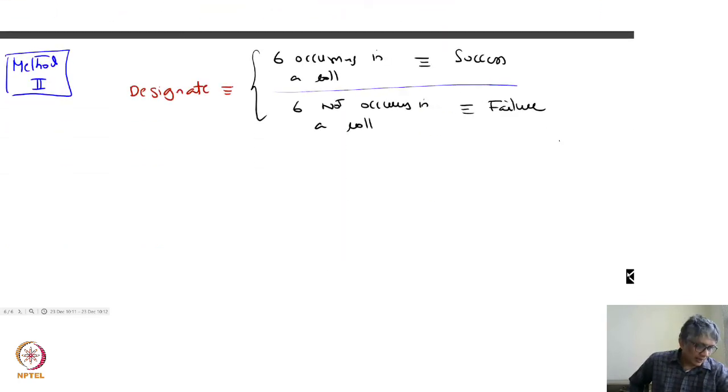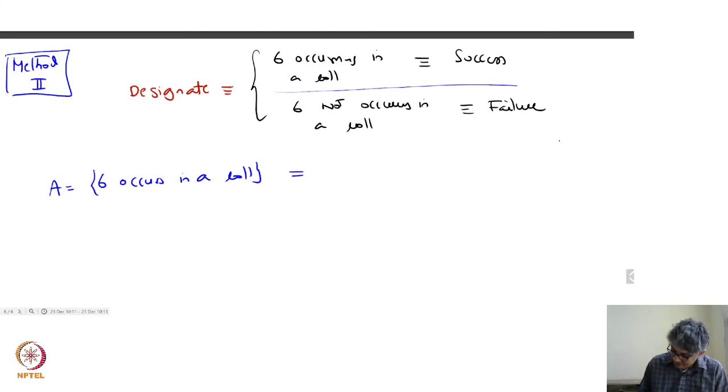Very good. Now I do the following. Now I know already that for every single roll, it's easy to do, right? I have a single roll. Probability of success is, let's say A is the event I'm interested in, that 6 occurs in a roll.